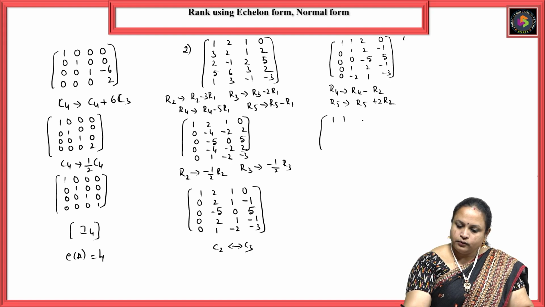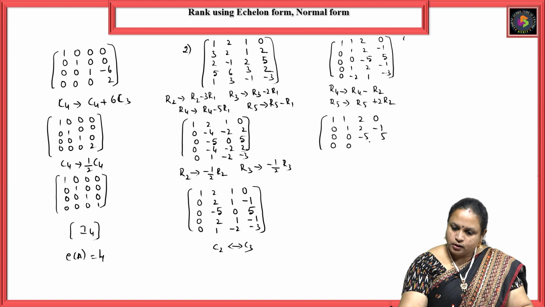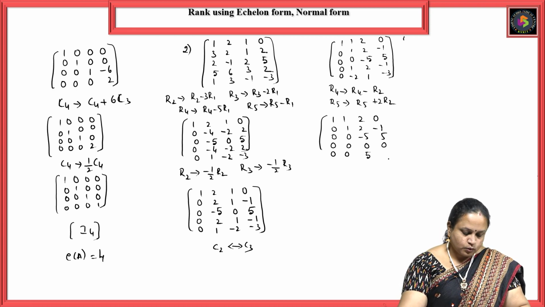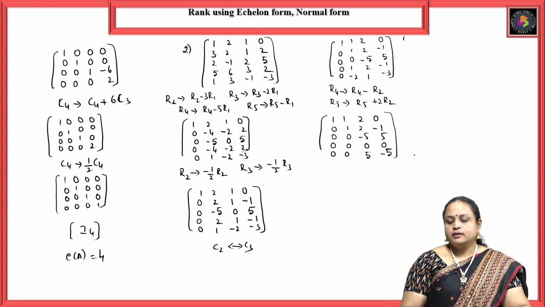So it will become 1 1 2 0, 0 1 2 minus 1, 0 0 minus 5 5, then R4 minus R2 gives 0 0 0 0, and the last row is 1 plus 4, 5, then minus 3 plus 6, so minus 5, 0, 0, 5 and minus 5.